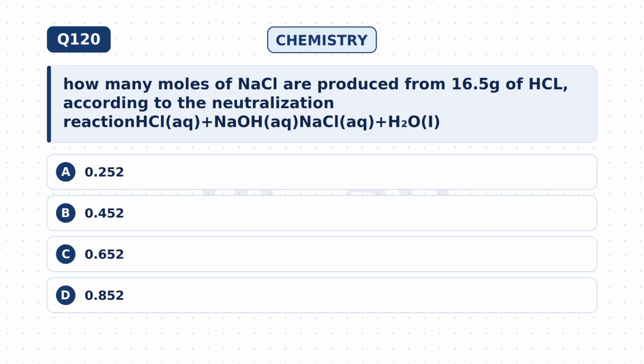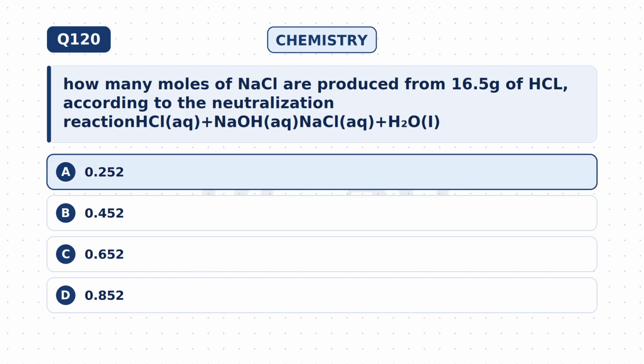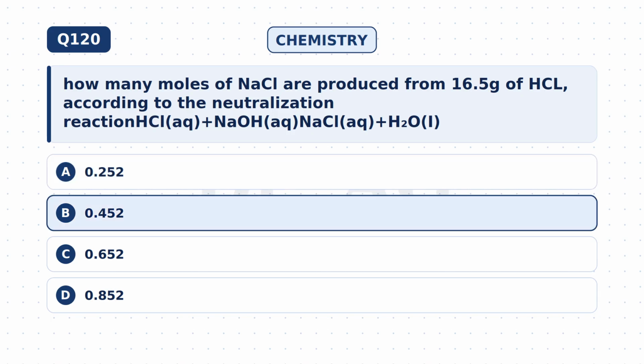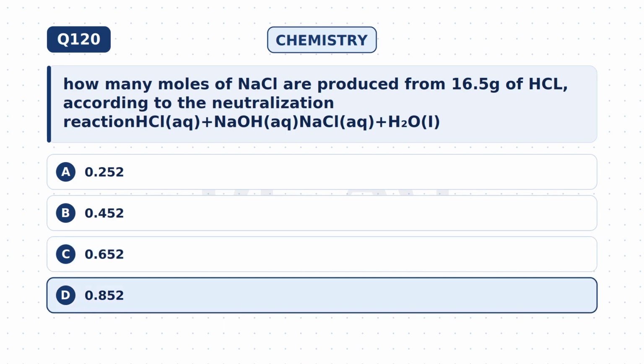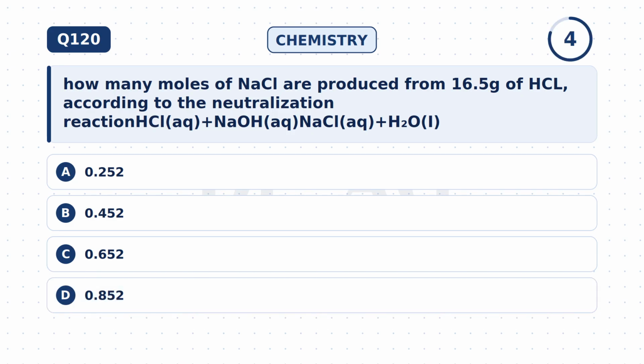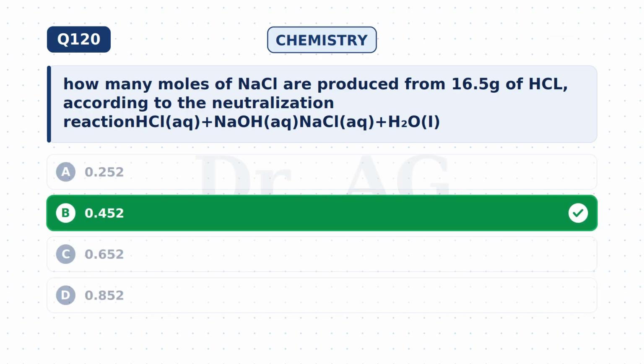How many moles of sodium chloride are produced from 16.5 g of HCl according to the neutralization reaction HCl plus sodium hydroxide gives sodium chloride plus water? Option A, 0.252. Option B, 0.452. Option C, 0.652. Option D, 0.852. The correct answer is B, 0.452.